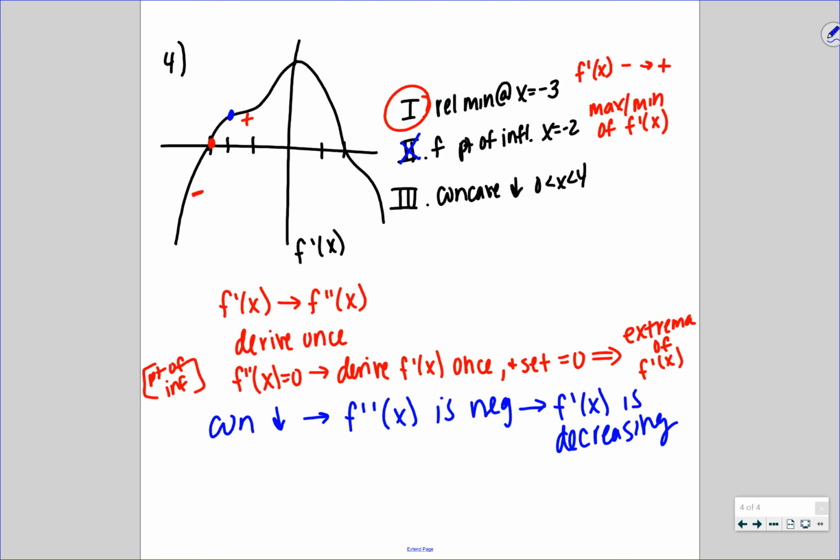The sign of the second derivative, positive or negative, is represented by the slope of my first derivative. The slope of my first derivative is the second derivative. So when my first derivative is decreasing, my second derivative is negative. That happens all this time, so I would be concave down from 0 to 4. Yes, so it'd be 1 and 3 only. That would be E.